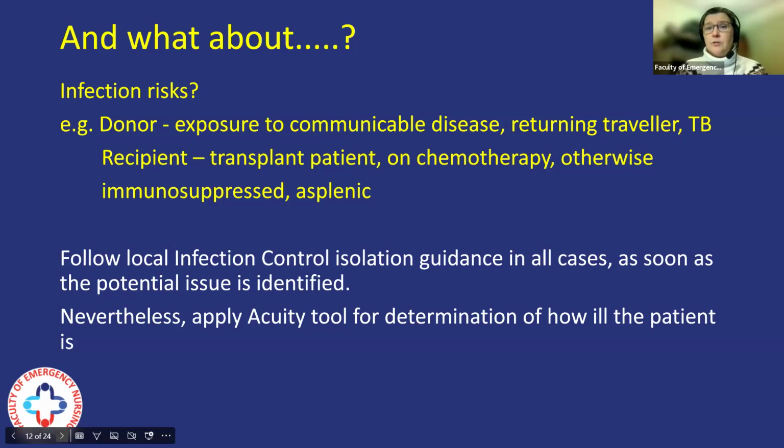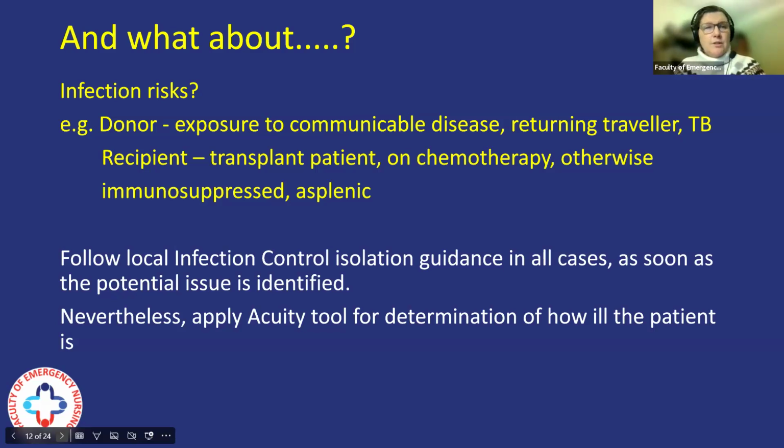You've got infection control guidelines for that, so follow them. That doesn't mean the acuity level has to be changed necessarily. Apply the tool and decide on the acuity level. How sick is your patient?